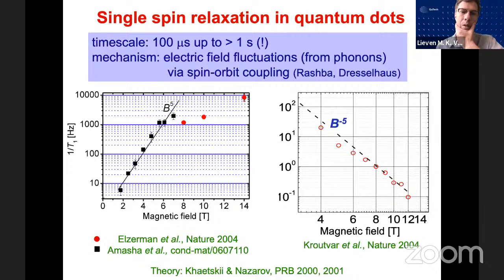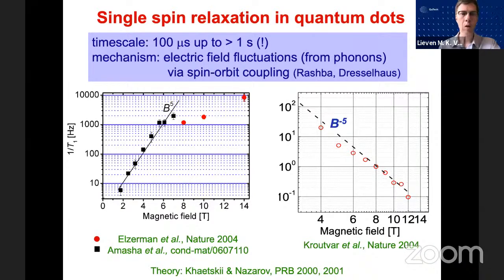The dominant relaxation mechanism is the following. The energy is transferred to the phonon bath, the lattice vibrations, and the phonons couple to the spin through the spin orbit coupling. It's basically the electric field fluctuations from the phonons that interact with the spin through the spin orbit coupling.